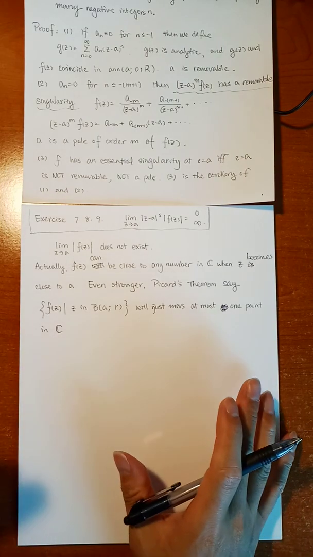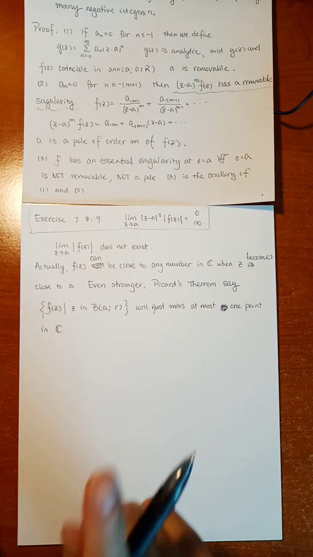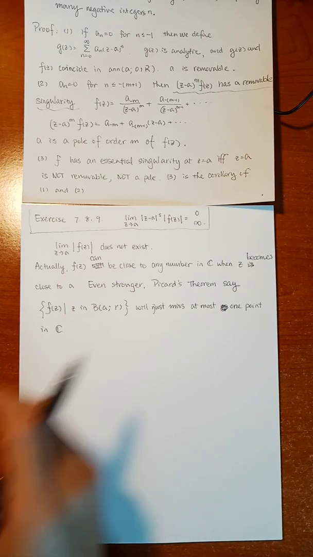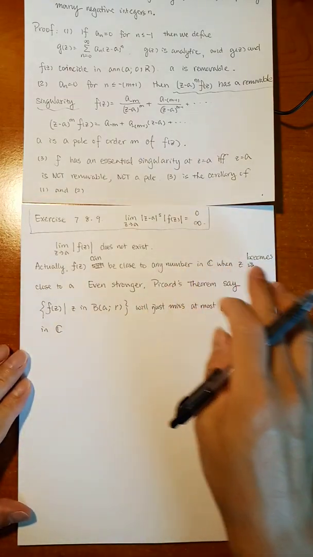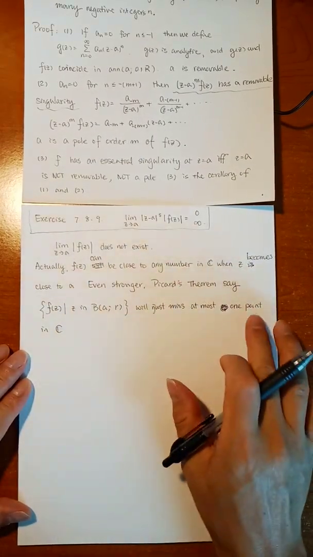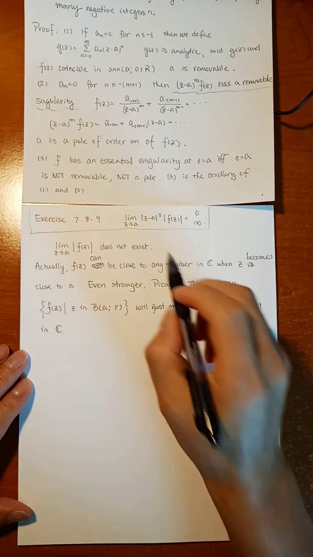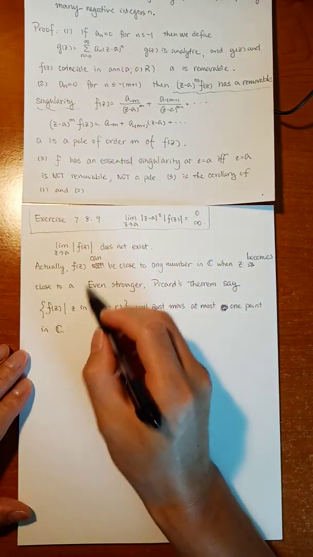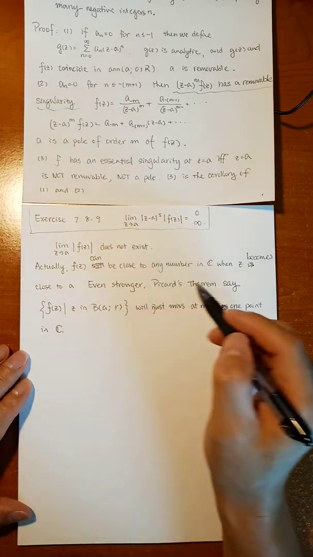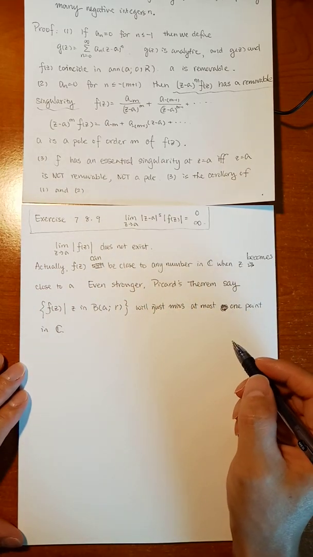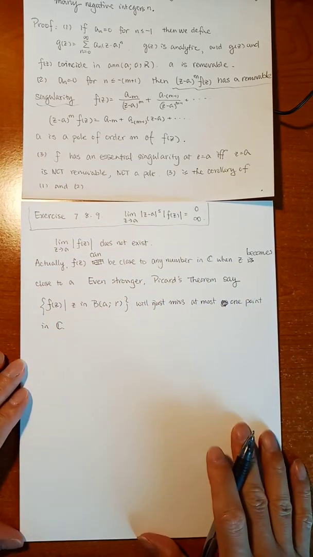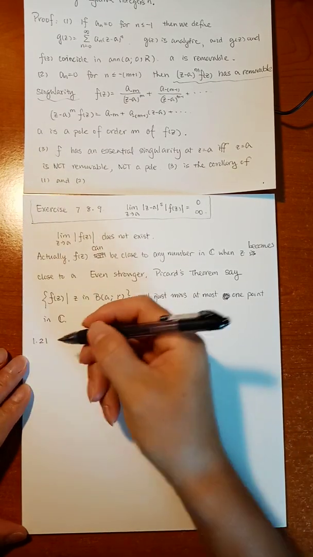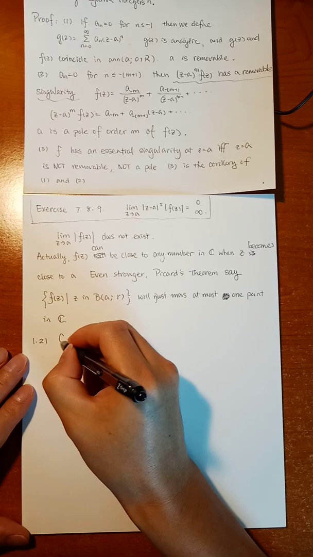Sometimes it does not miss any point, but if it misses, it will miss only 1 point. Of course, it will reach almost all the points except possibly one. And here we just say close to it. So the Picard theorem is stronger than the theorem we are going to prove, but we don't prove this Picard theorem in our class now. Okay, now let's see what we are going to prove.